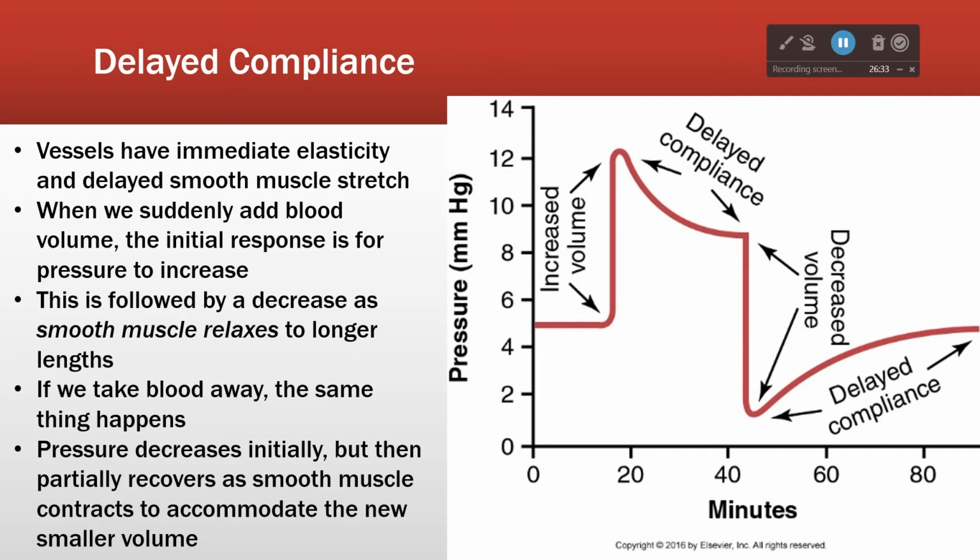All right, this is a characteristic of the fact that our tubes are not dumb tubes. They will respond to challenges. If we add more volume, they dilate a little. If we take volume away, they contract a little, right? So we see this characteristic of delayed compliance.